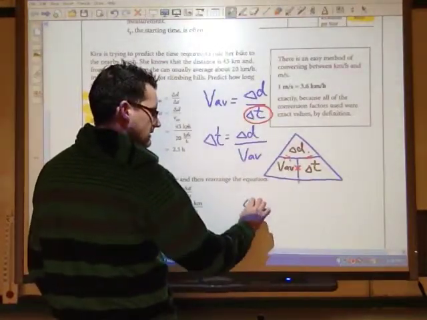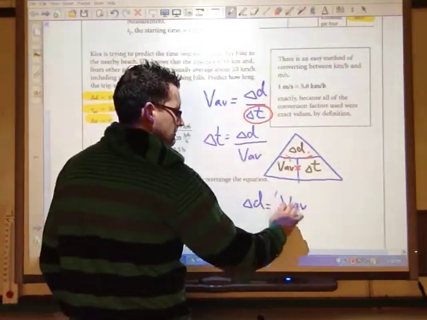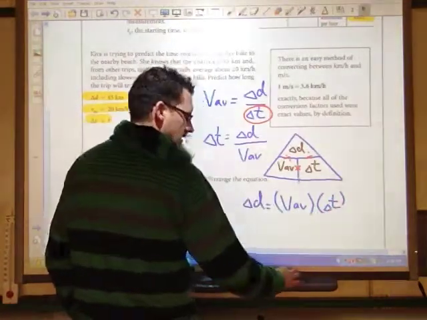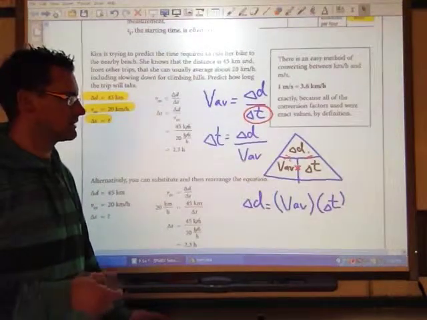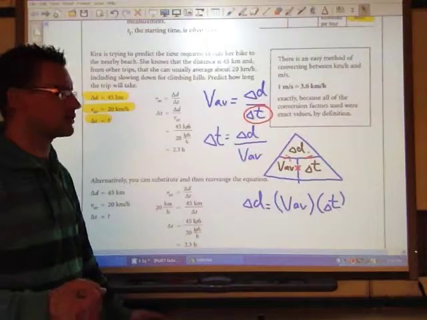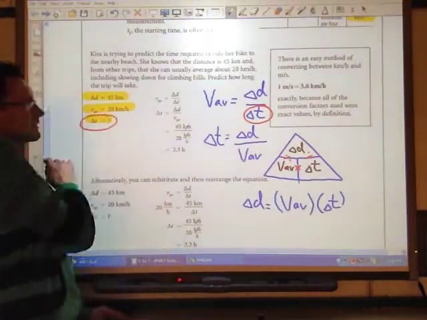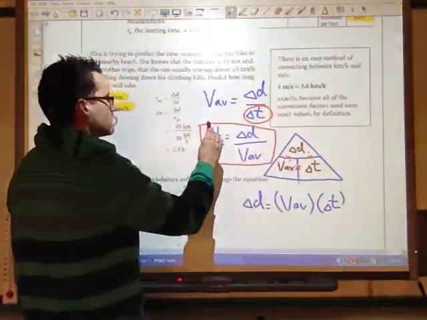So if I was looking for D, it's VAV speed multiplied by T. So that's a really easy way you can use to rearrange that formula around. So I call that triangle of terror or pyramid power, whatever one you want to use. Now in this case, I'm looking for T, so I'm looking for the equation that uses T. So that's definitely that one.